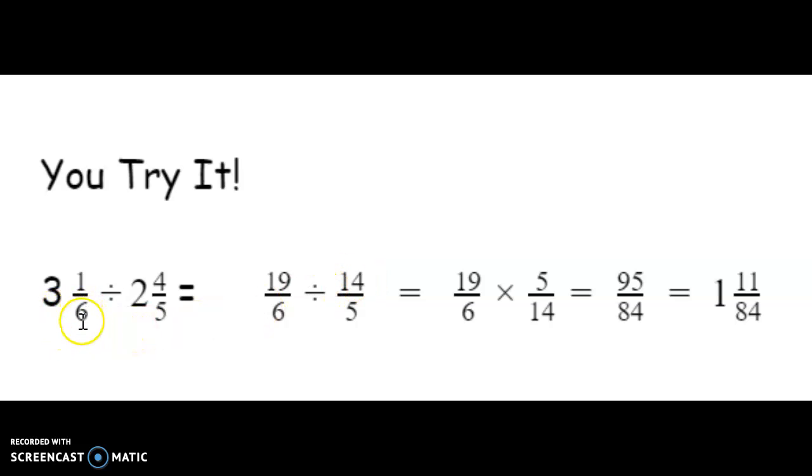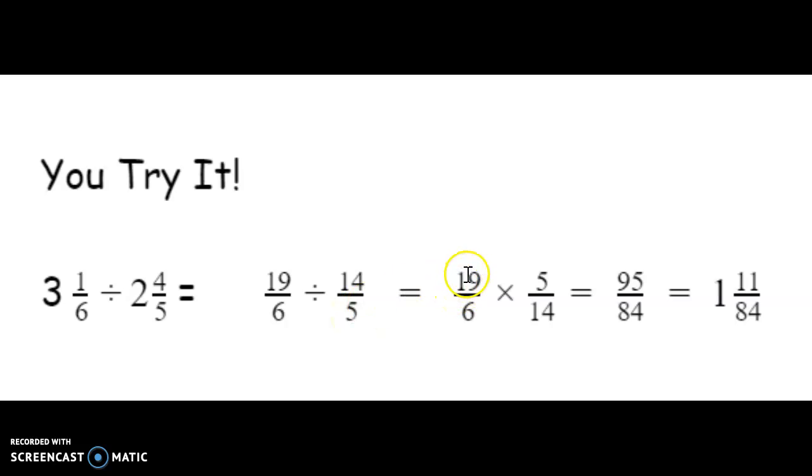In the first term, 6 times 3 is 18, plus 1 more is 19, which became our numerator. 6 is our denominator, and we just carried that over. We carry over our division sign because our first step says that we don't do anything with the sign yet. 2 and 4/5 becomes 5 times 2 is 10, plus 4 is 14, which becomes a numerator. And we carry the 5 over into our second term.